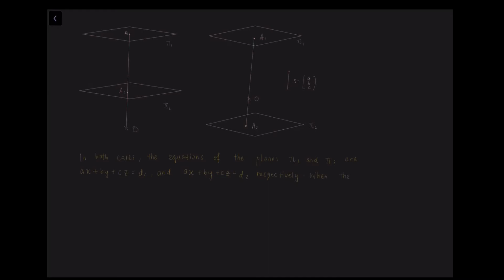When the planes are on the same side of the origin, so the left-hand side diagram, d1 and d2 have the same sign. Whereas when the planes are on the opposite side of the origin, so look at the right-hand side diagram, d1 and d2 have opposite signs.